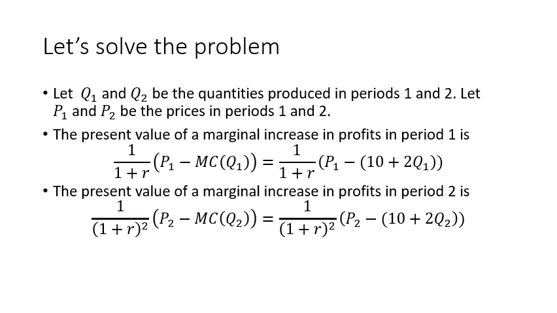Technically, we also have the discount factor raised to the first power in the first equation, but we leave that out because raising to the first power does nothing. And so now we have two equations, where one tells us the marginal profits discounted to the present value in period 1, and the other tells us the marginal profits discounted to the present value from period 2.